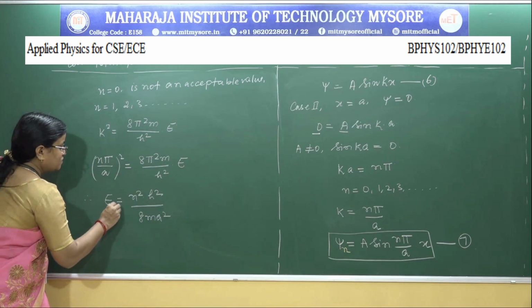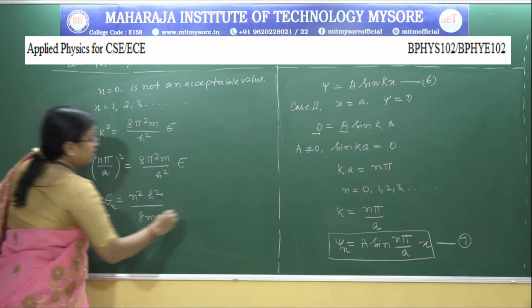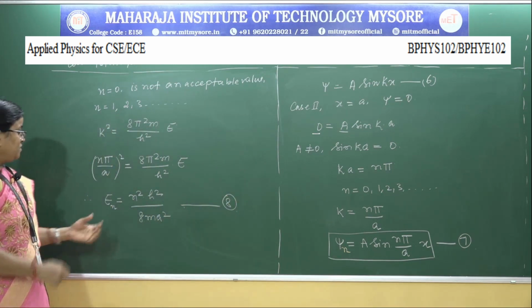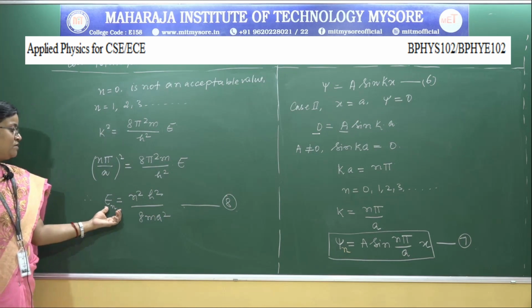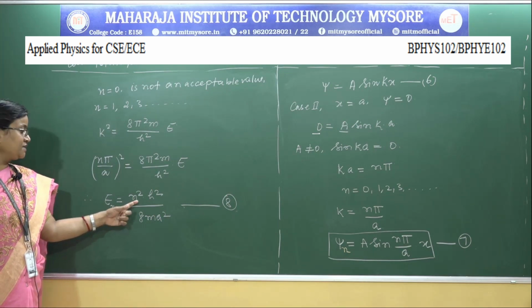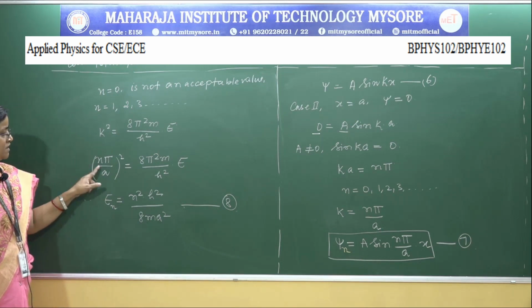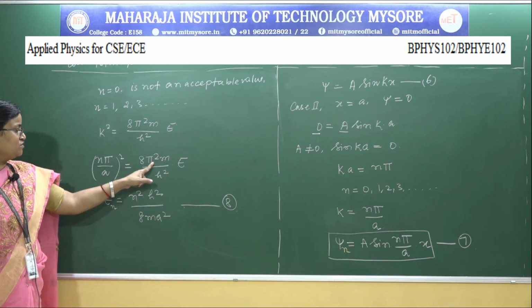As it is n, the subscript we put is n, and the energy eigenvalue equation we get is E_n = n²h²/8ma². Here if you solve it, when you square it, n²π²/a², π² cancels out.